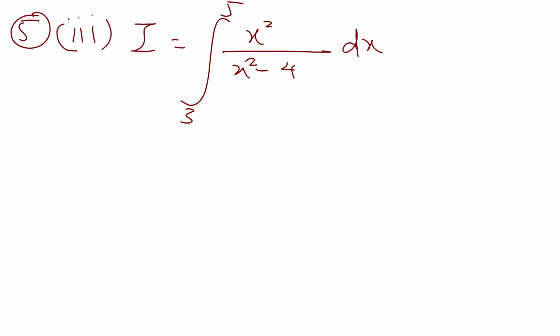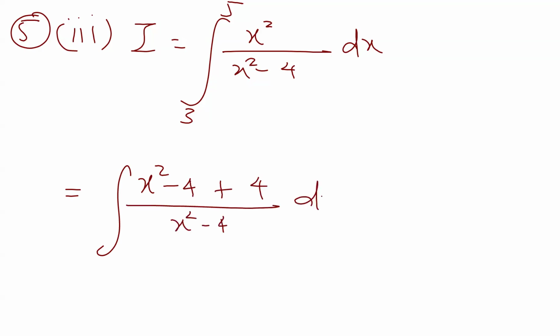We make the numerator same as the denominator. So we made it same, x square minus 4, and this will be plus 4. Okay. When the degree is same, make the numerator same as the denominator. Now split.